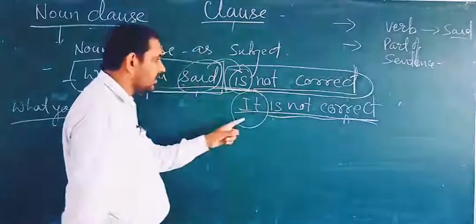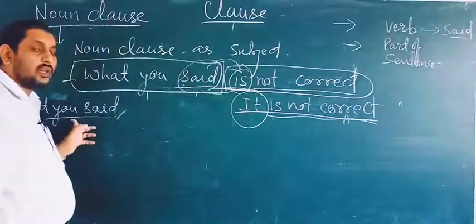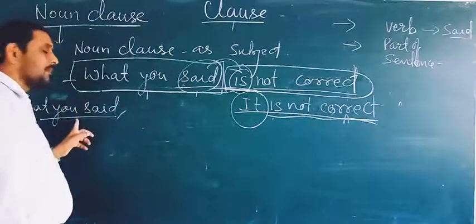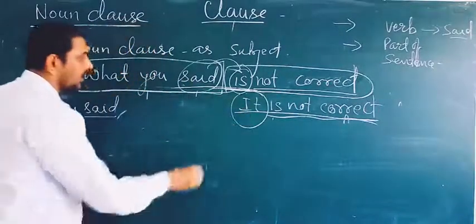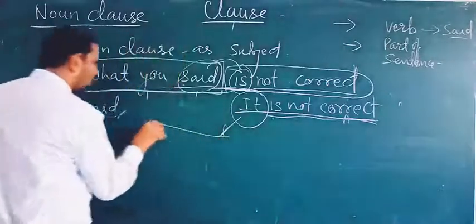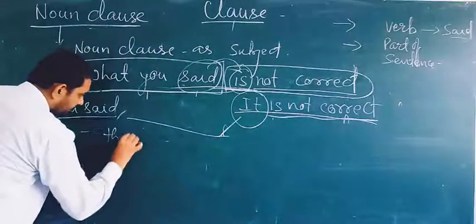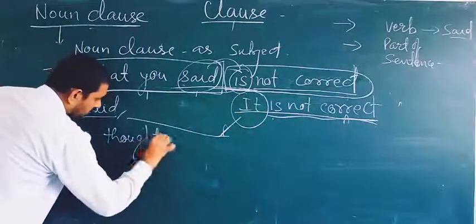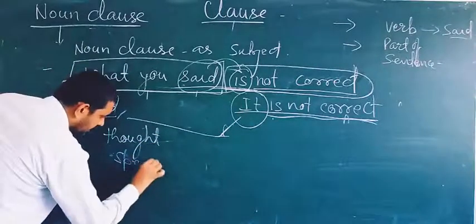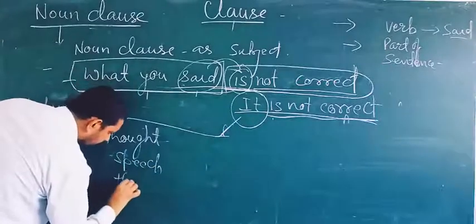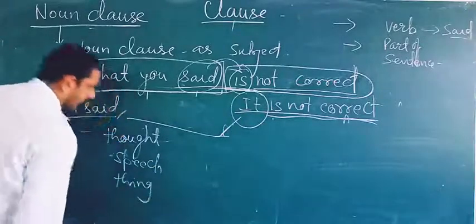the word "it" refers to the thoughts you said, the speech of yours. That speech is not correct. "It" refers to the thoughts, the speech, or the things you said.